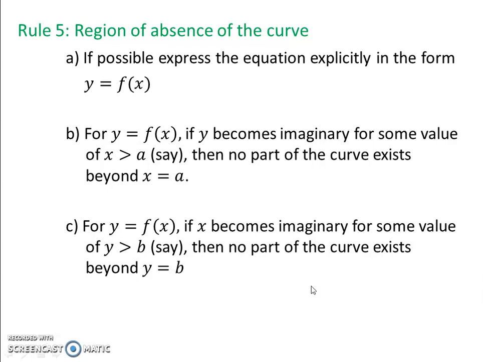So basically, we have to explicitly express y or x in one of the variables, and then check for the values of x or y where the function becomes imaginary. At that part, the curve does not exist.